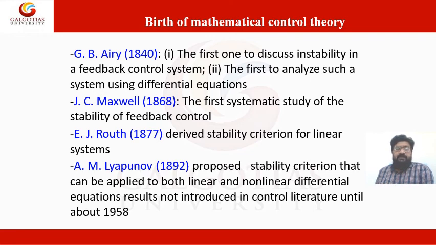Routh derived the stability criteria for linear systems in 1877, and Lyapunov in 1892 proposed stability criteria that can be applied to both linear and nonlinear differential equations, results that were not introduced in control literature until about 1958.